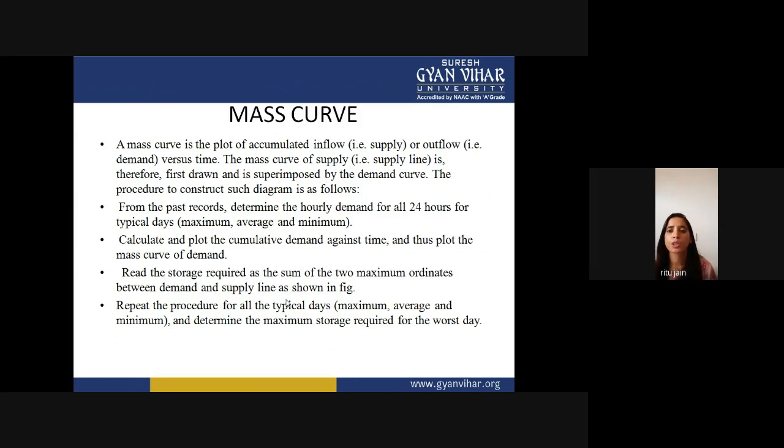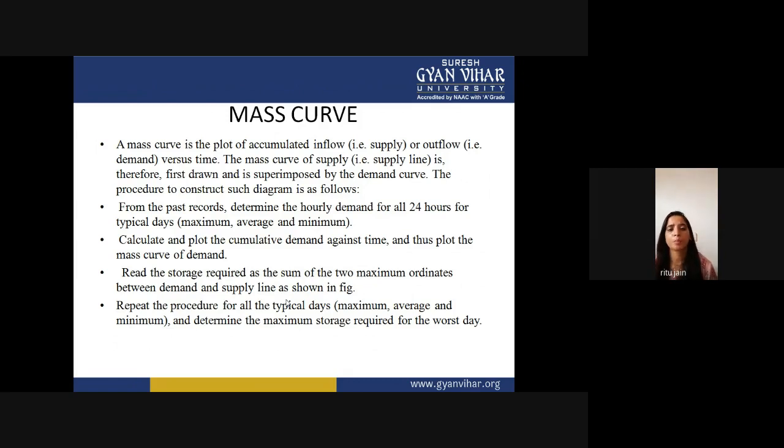From the past records, determine the hourly demand for all 24 hours. First you have to determine the hourly load, the hourly demand for 24 hours, for typical days: maximum, average, and minimum. What is the maximum requirement in a particular day, what was the average requirement of that day, and what is your minimum requirement of that day.